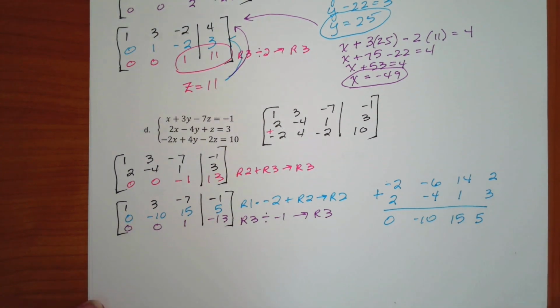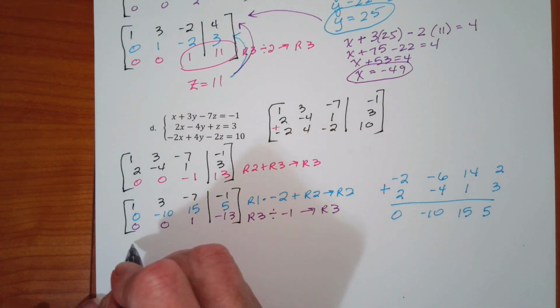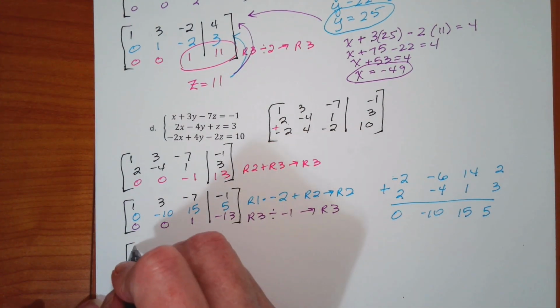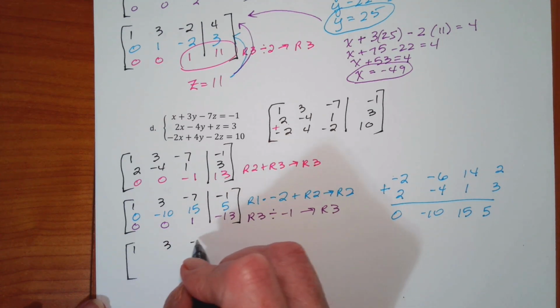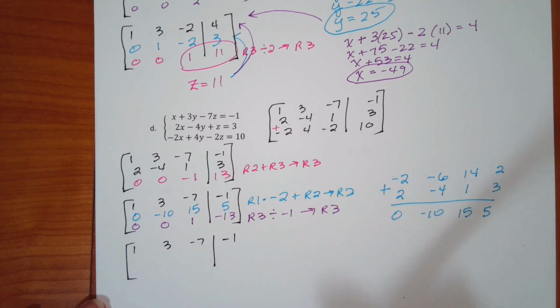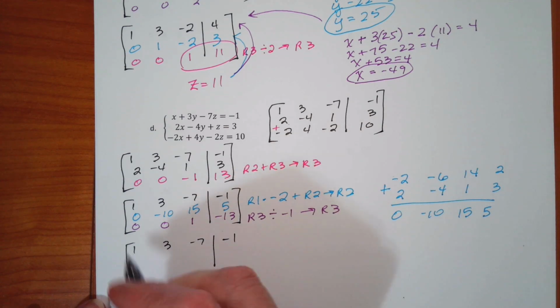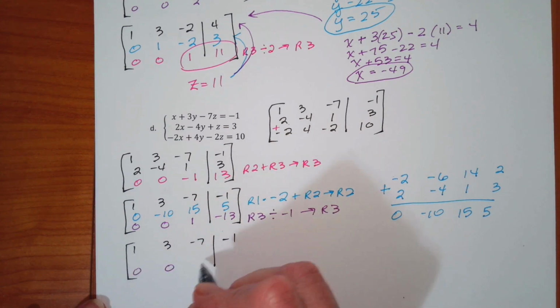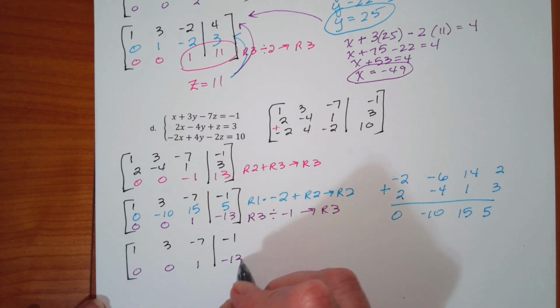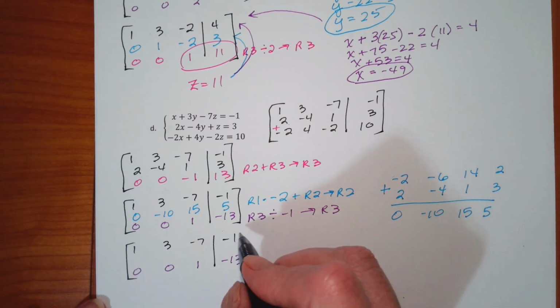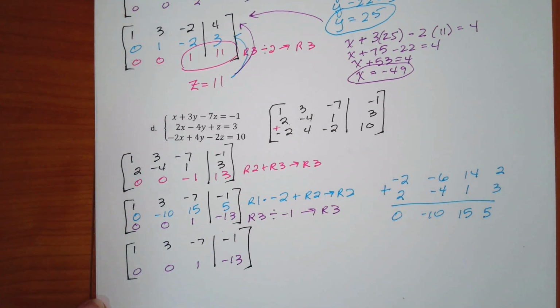Okay, so the only problem here now is for my R2. R1 and R3 are okay. So 1, 3, negative 7, negative 1, 0, 0, 1, negative 13. But I've got to do something with R2.